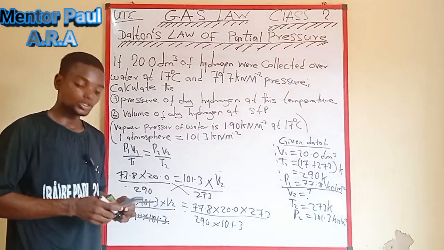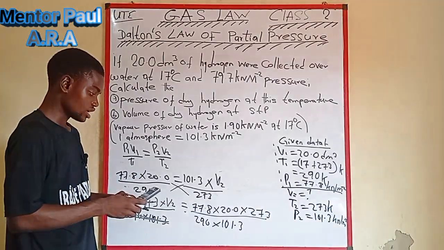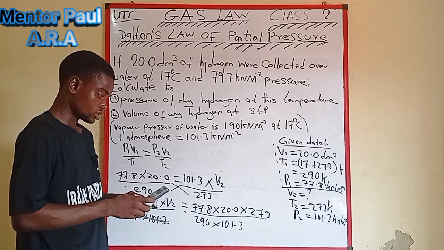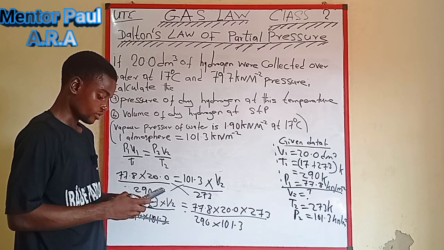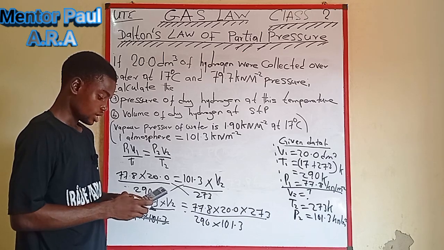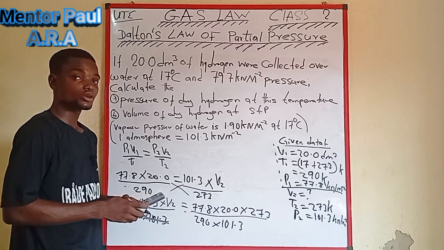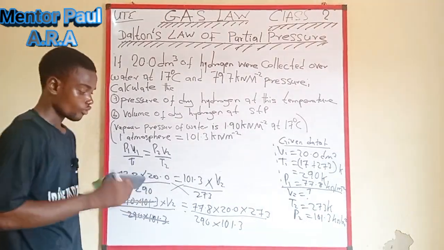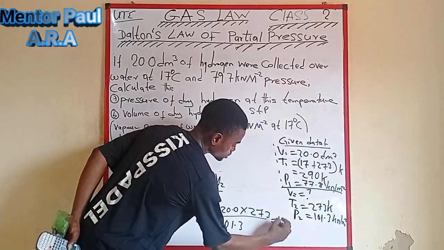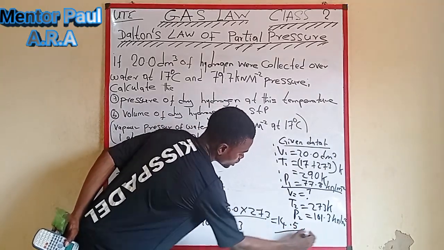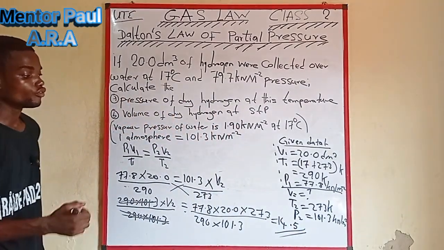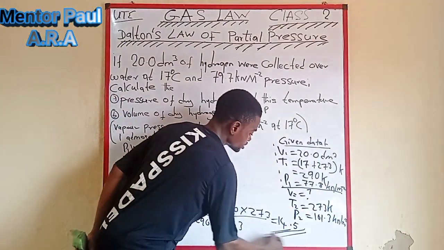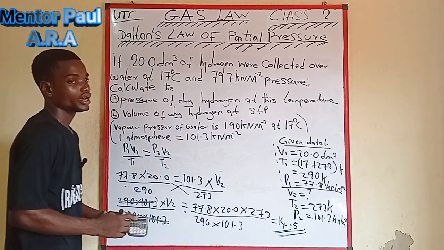In your calculator, you're going to place 77.8 times 20 times 273, and you divide it by 290 times 101.3. Once you do this, your answer is 14.5. This is the final answer. This is the volume of the gas at standard temperature and pressure. So that is the answer for this question.